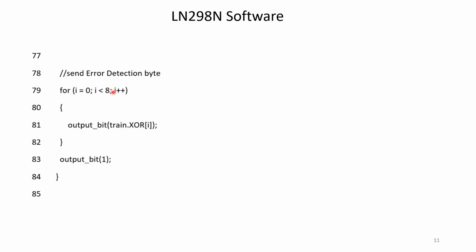This piece of code here sends out the exclusive OR or error check byte before transmitting at the very end of the packet a bit 1 to signify to the DCC decoder on the engine that this is the end of the command byte, and what will follow now will be some idle packets before the next command byte comes along.